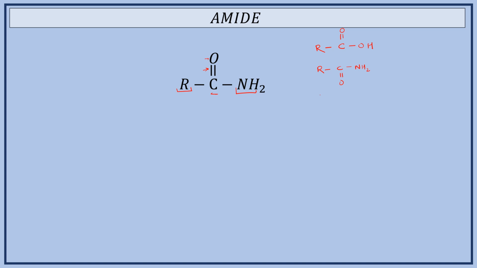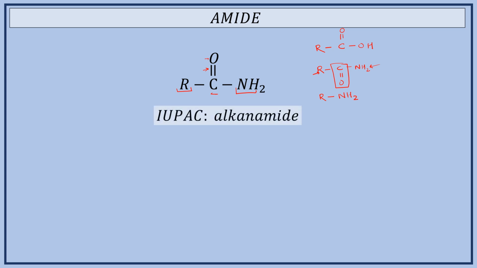Amines are the functional groups in which alkyl group is directly connected to NH2 group. However, in case of amide, we have a carbonyl group in between alkyl group and the NH2 group. To name an amide, we use this system.